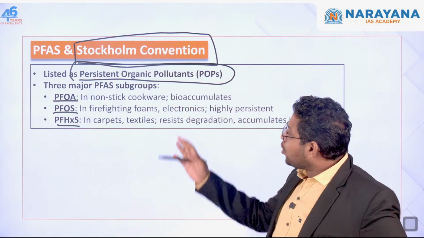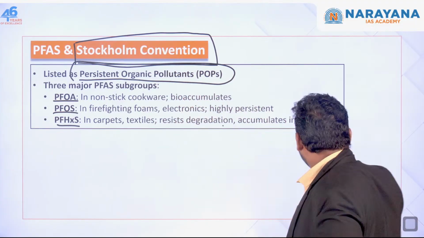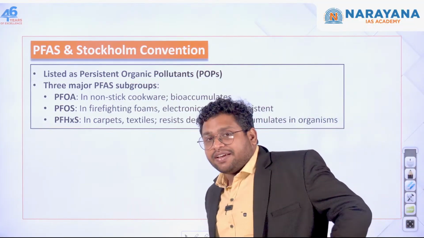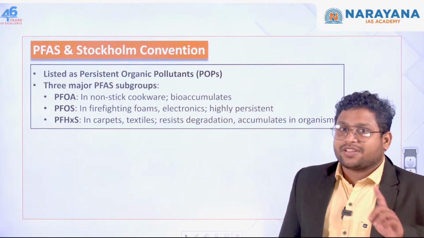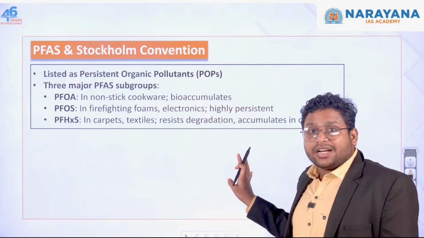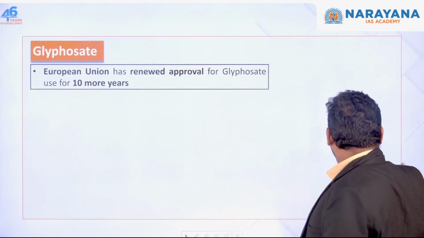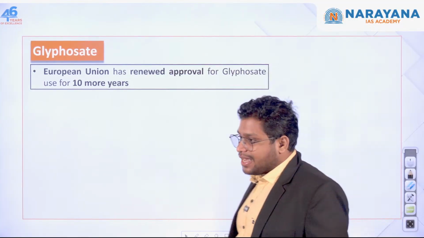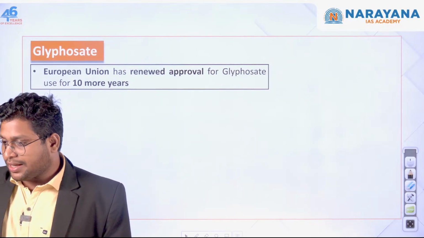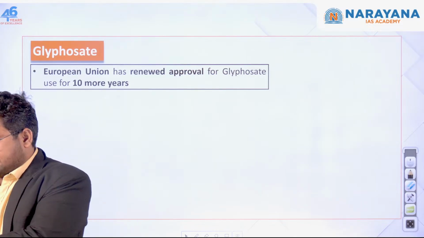All these are already categorized in this Stockholm Convention. That's the reason there is some regulation at the world level when it comes to some of the PFAS, not all PFAS. The international community is concerned about it. Okay, that's all about these forever chemicals or PFAS.